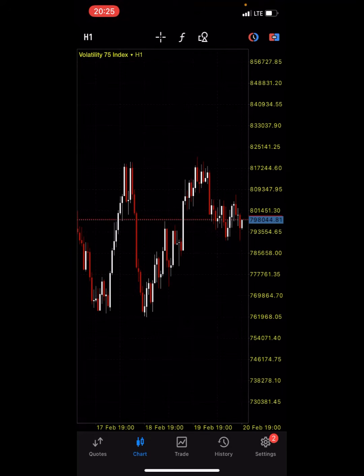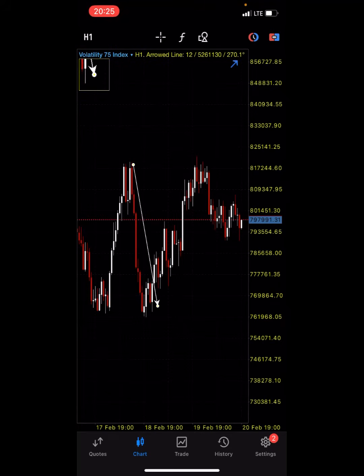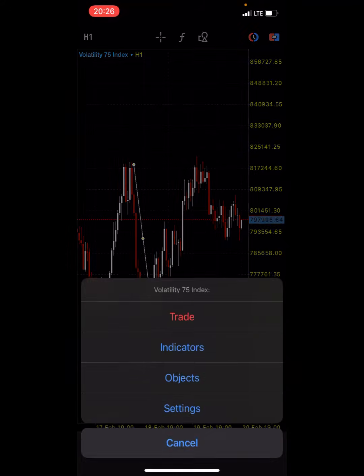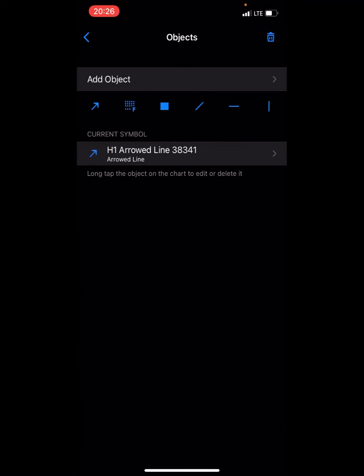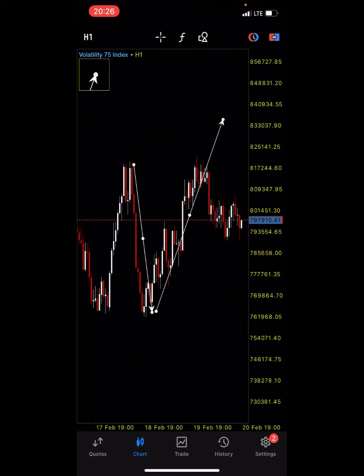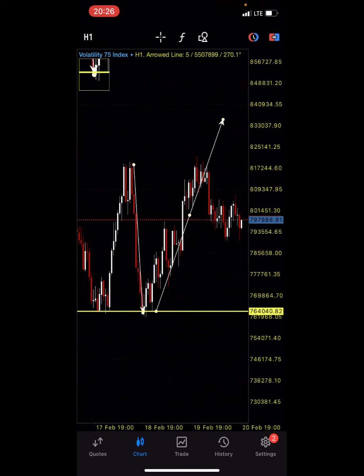Now what is support and what is resistance? As you all already know, unless maybe for those who are new to trading, support simply means a certain level where price goes down and finds a level that pushes it back to the upside. Therefore, this level where price found that zone that pushed it back to the upside is known as support.